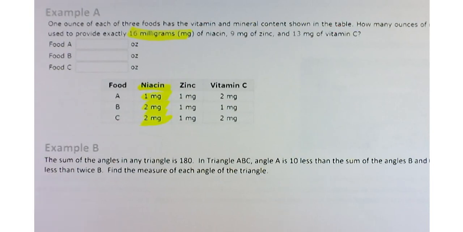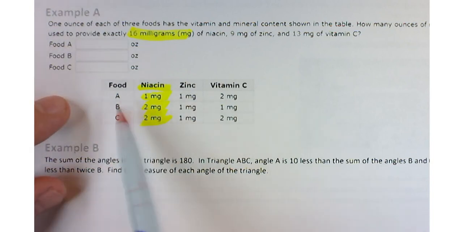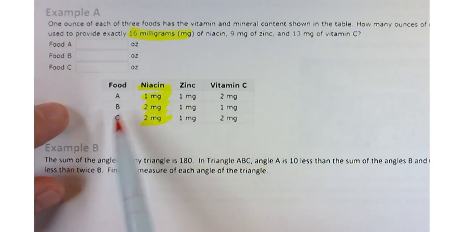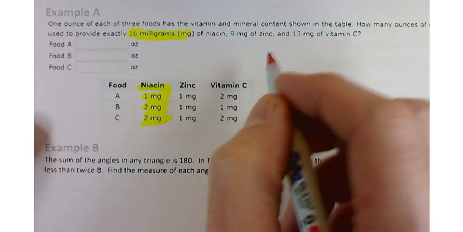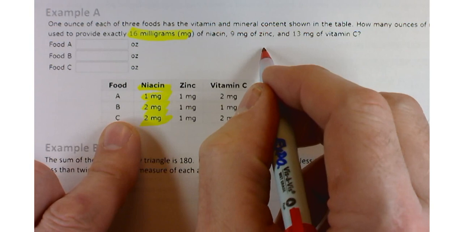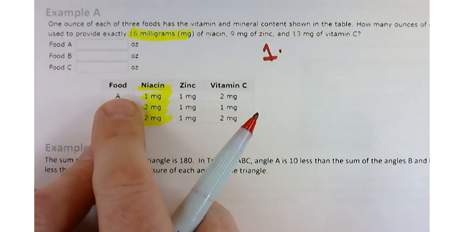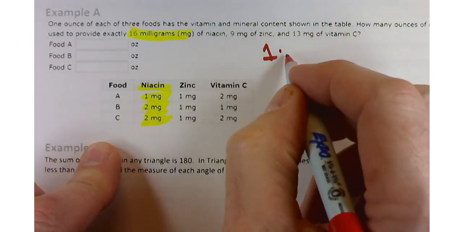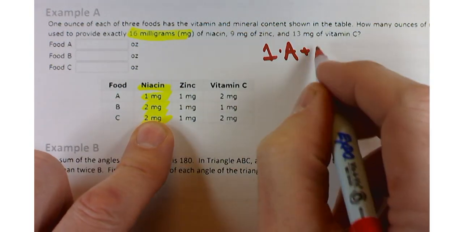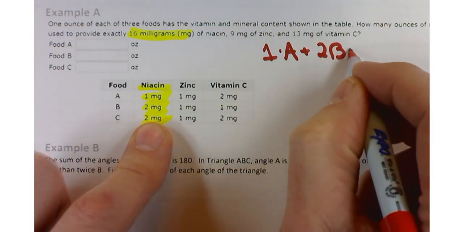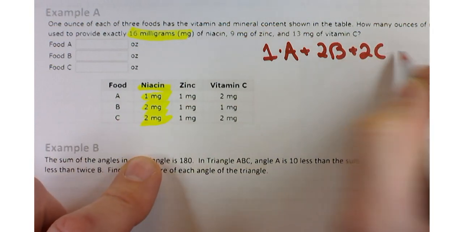The equation it implies is that when we add up all the nutrients that we get from so many ounces of each of these foods, we're going to get 16 milligrams. So it's going to look like this. We get 1 milligram of niacin for each ounce of food A, 2 for each ounce of B, and 2 for each ounce of C.